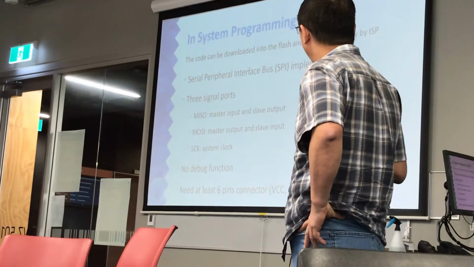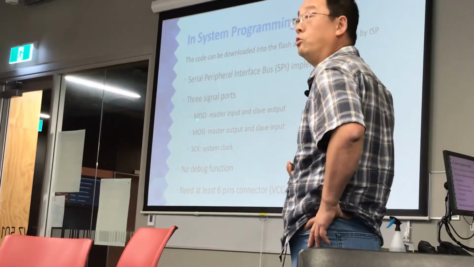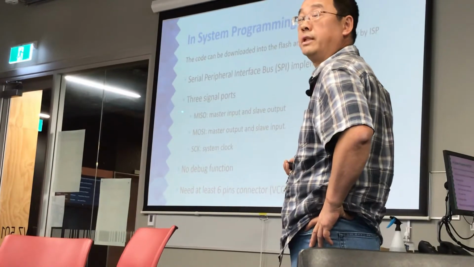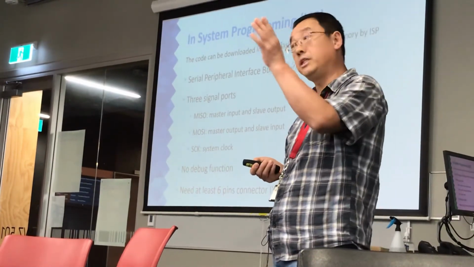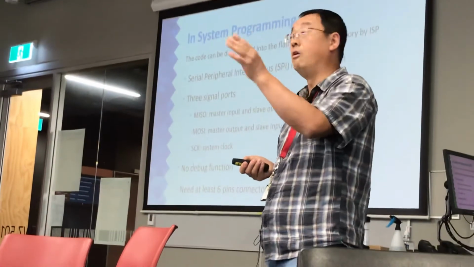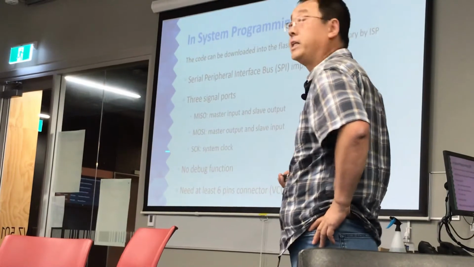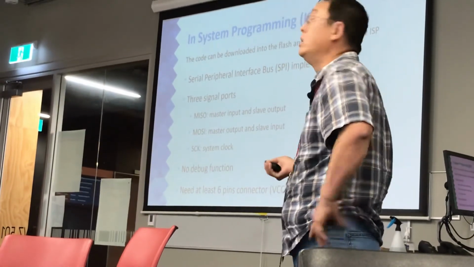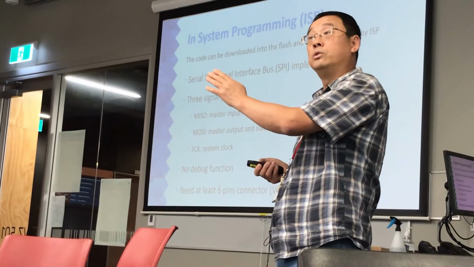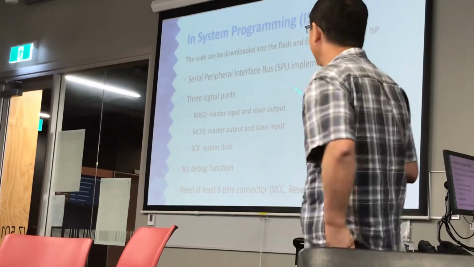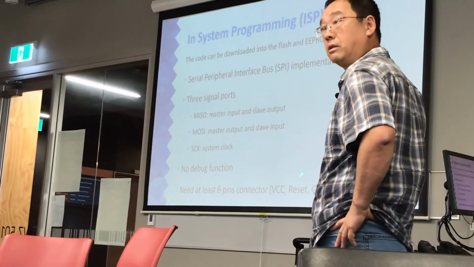This ISP port has three signal lines: MISO, for master input slave output, MOSI, and SCK. You already know these from designing your signal project. These three are what you need to talk with your microcontroller, but you also need VCC, reset, and ground.